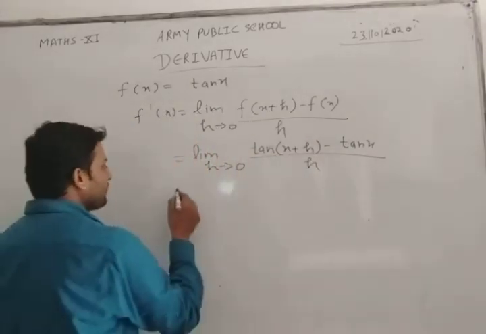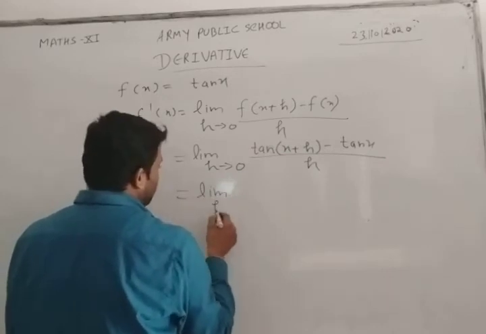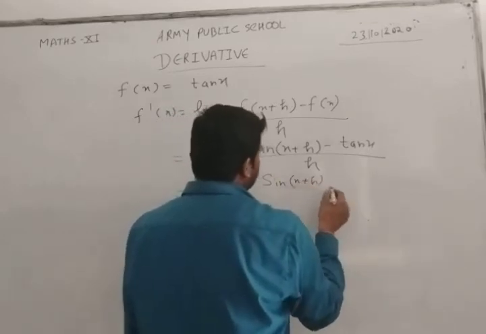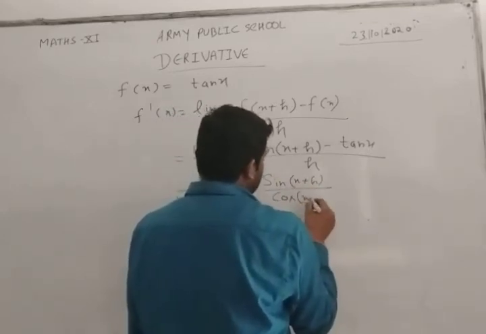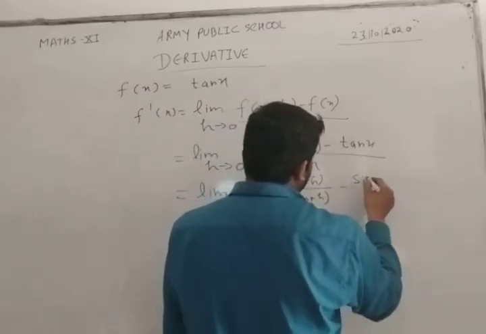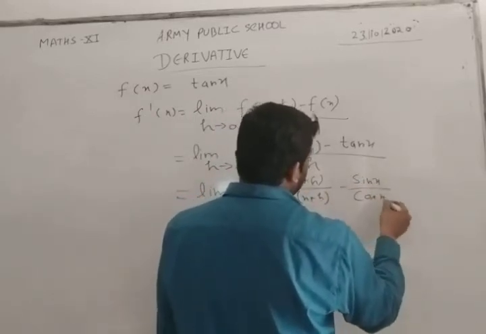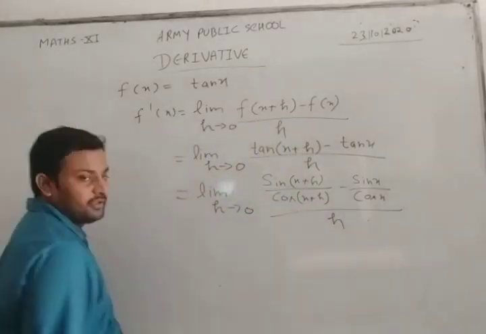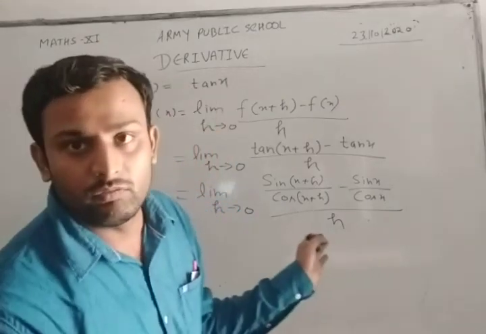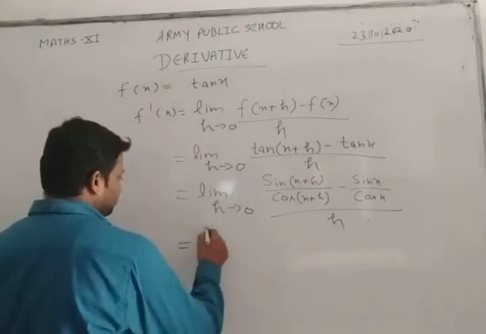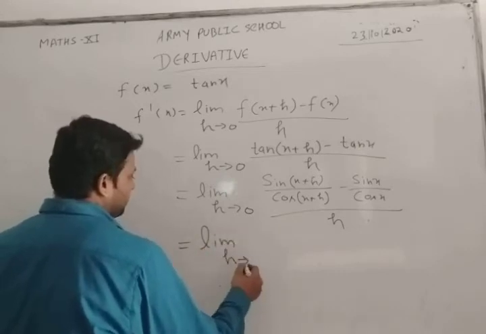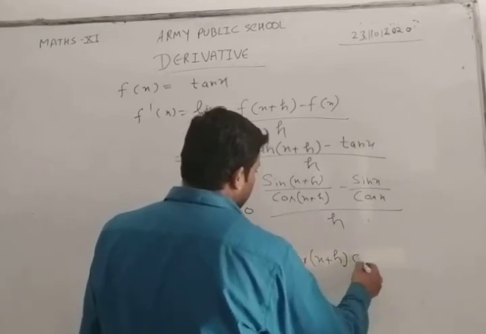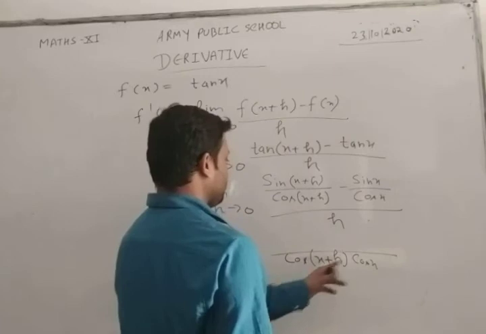Okay. Now limit h tends to 0, we write sin(x + h) by cos(x + h) minus sin x by cos x, divided by h. Now we take LCM. So limit h tends to 0, cos(x + h) cos x is the denominator.